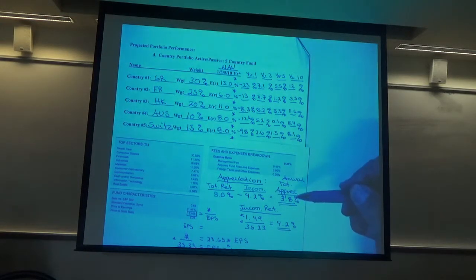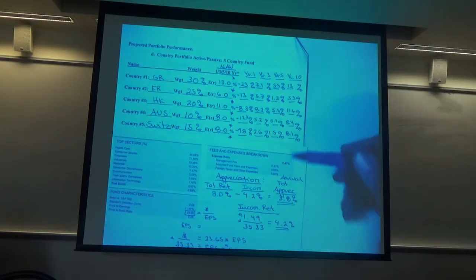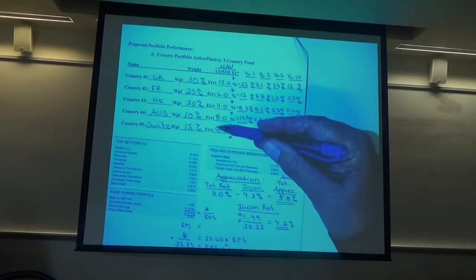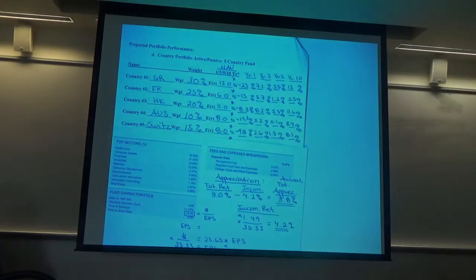So for Switzerland, the income return is 4.2% and the capital appreciation is 3.8%. If you add the two together, they're going to add up to 8%. So I want you to learn how you can extrapolate the income returns and the capital appreciation, which make up the total return on the fund.